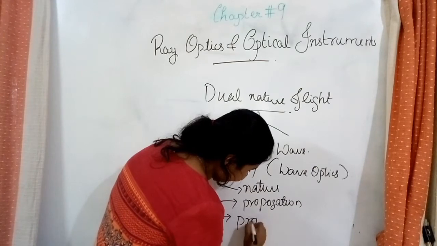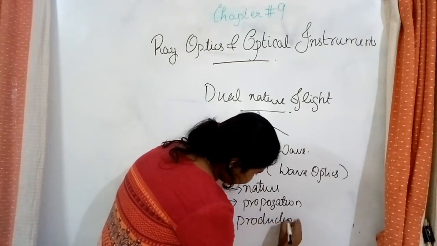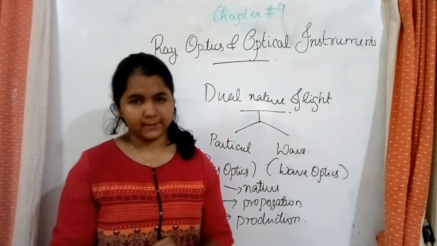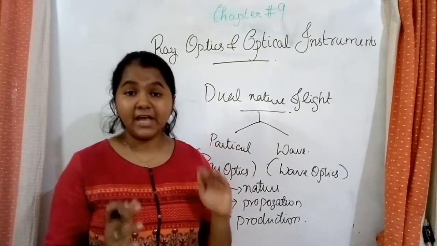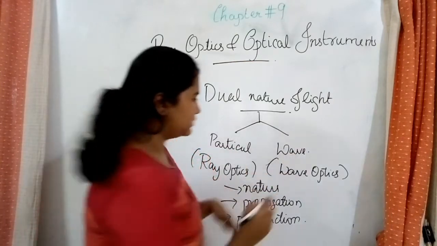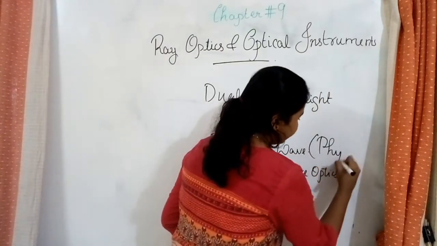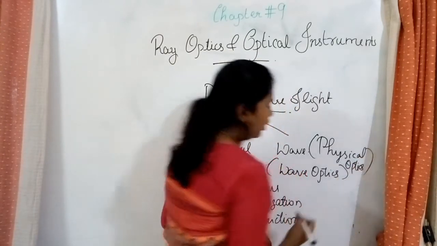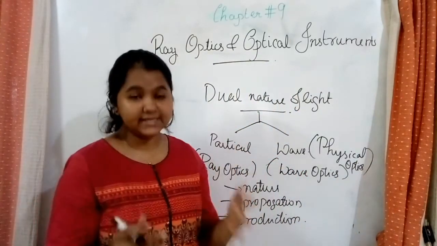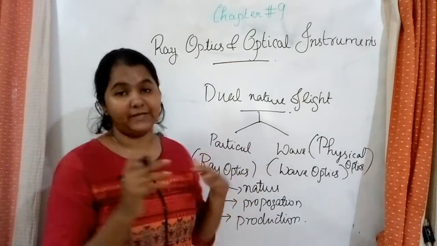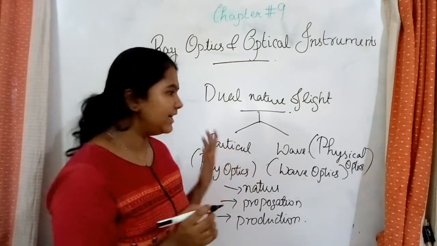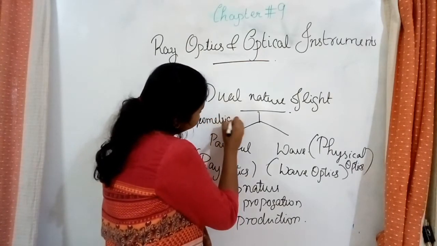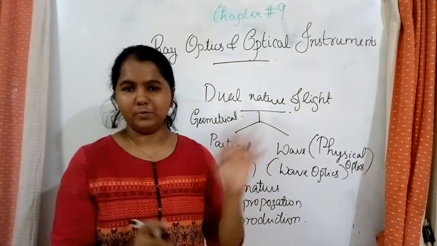These are the three factors which come under the term optics. As told, wave optics is also called physical optics, as well as the particle nature, or ray optics, is also called geometrical optics. I hope this is clear.